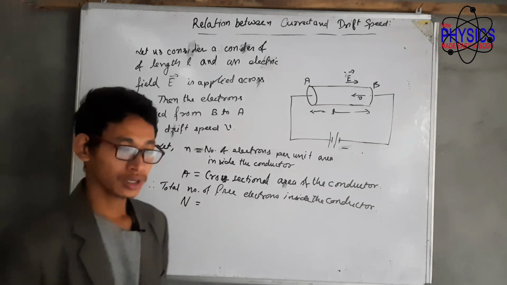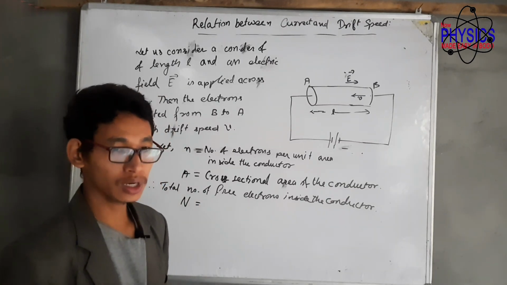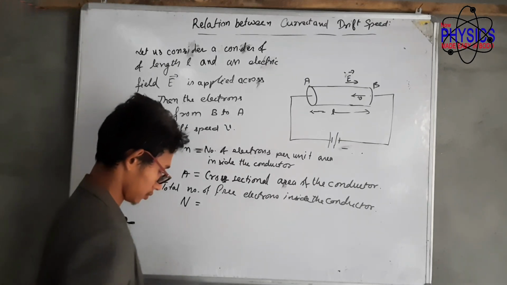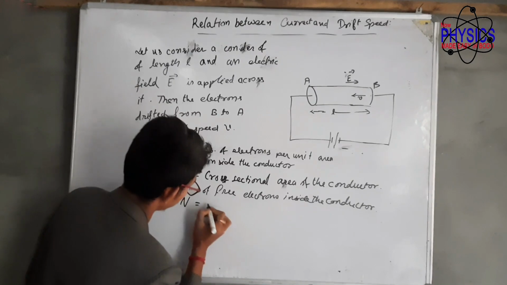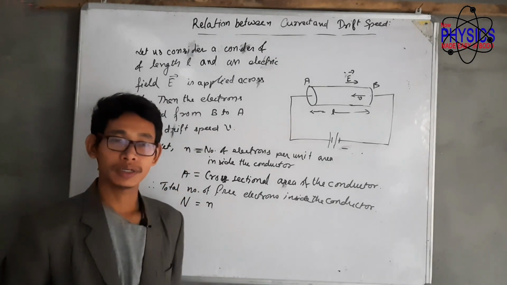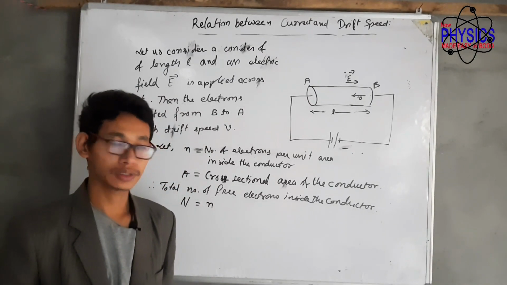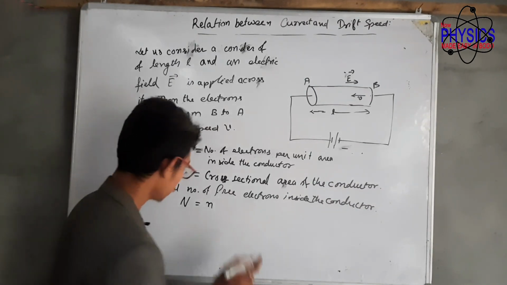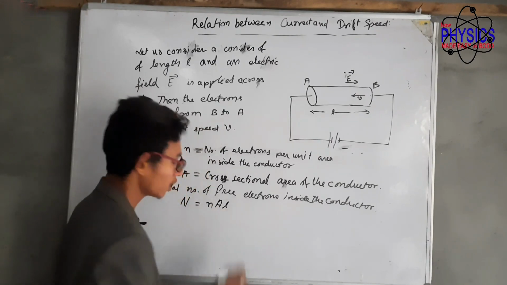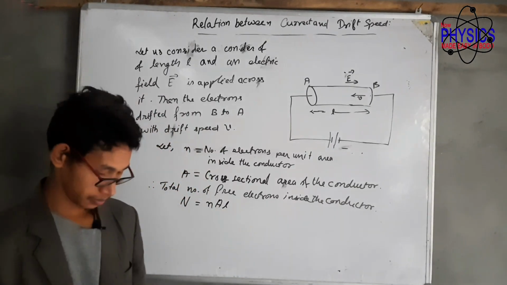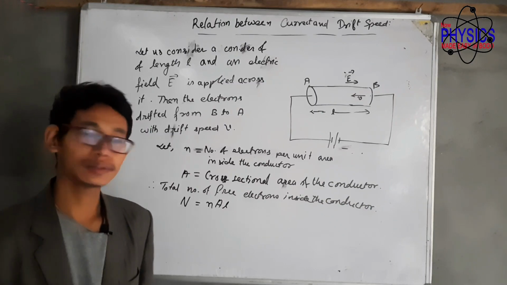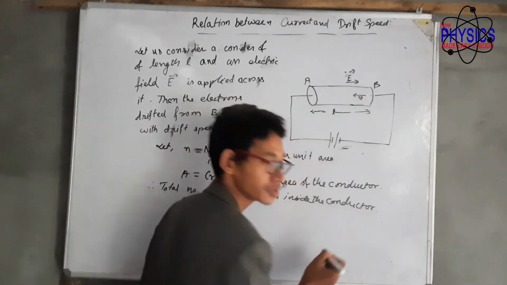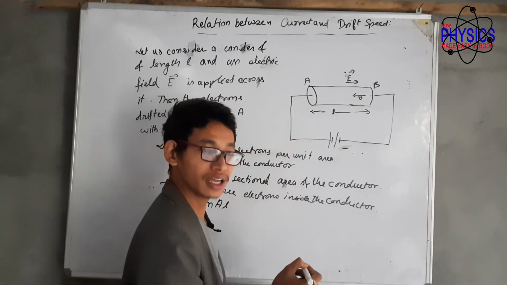So you know number per unit volume, that means n is the number of electrons per unit volume, and AL means volume. What is the volume of this cylinder? You know it, pi r square h.